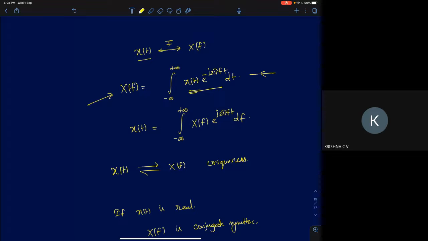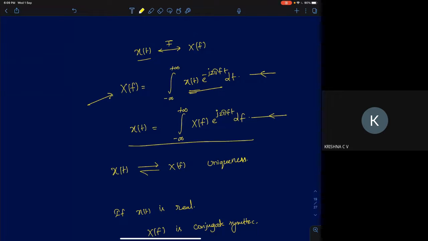Now, this Fourier transform is a unique transform, which means every signal has a unique Fourier transform. So if you know your signal, then your Fourier transform is uniquely determined by that. And from the knowledge of the Fourier transform, you can reconstruct your signal back. So this equation is called the synthesis equation.